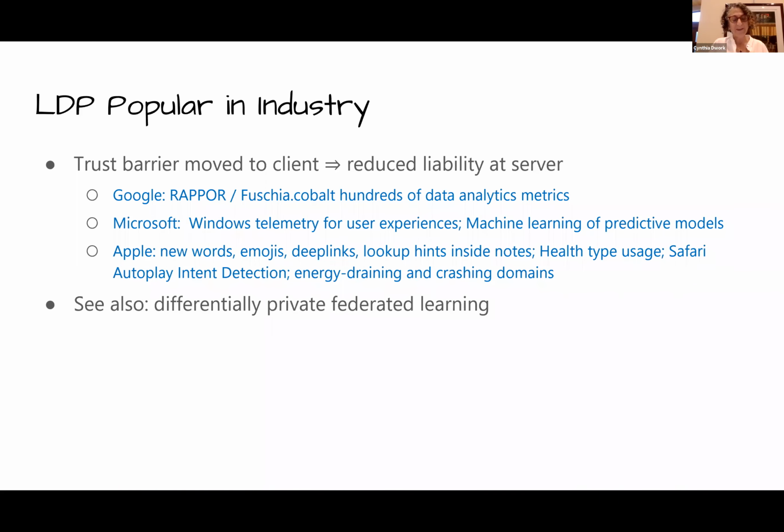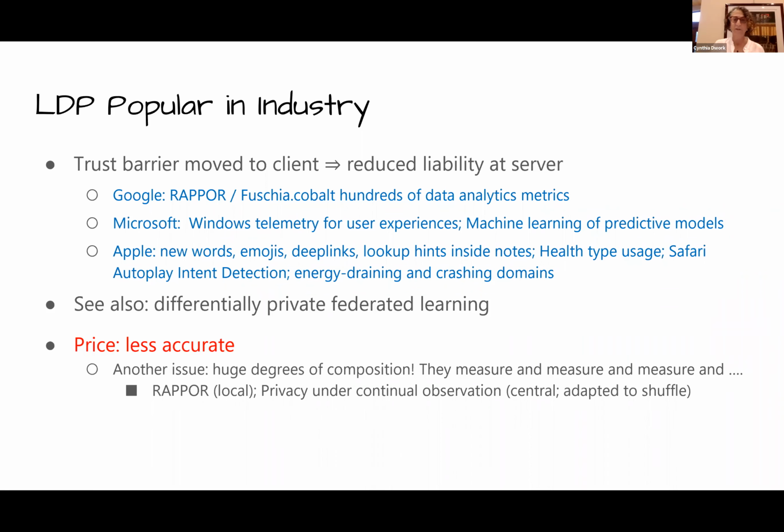There's also some connection to private federated learning, and I'll say a little bit more about that later. And again, the price is that it's less accurate. And there's another issue, by the way, for industry use, which you should keep in mind. They measure and measure and measure the same things day after day after day, and many, many things. So there's a huge amount of composition.